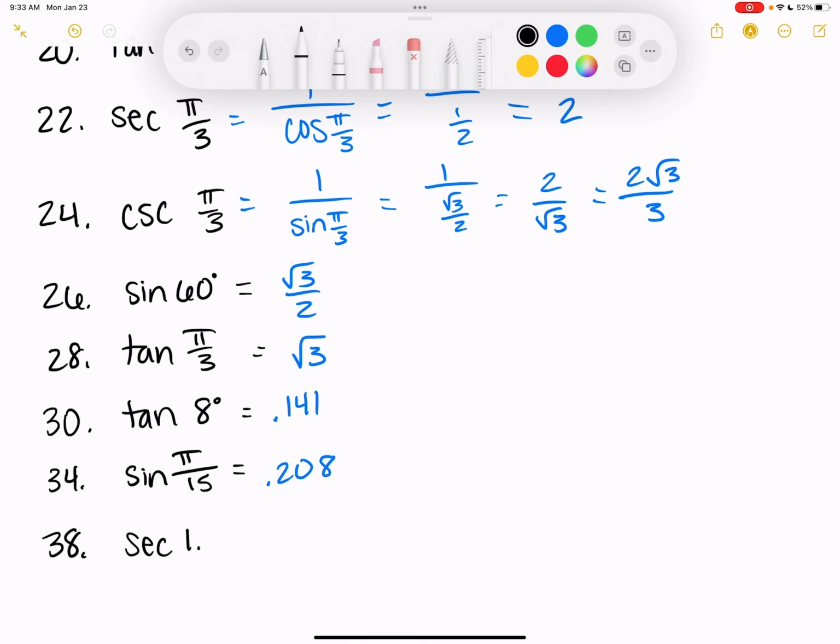Secant of 1.24. There's not a secant button on your calculator, so that means we need to treat it as what? 1 over cosine of 1.24.